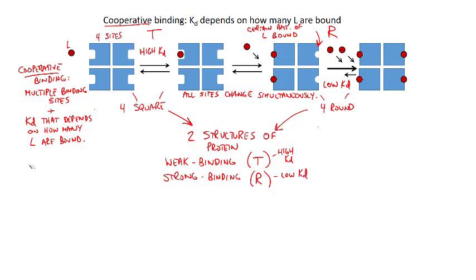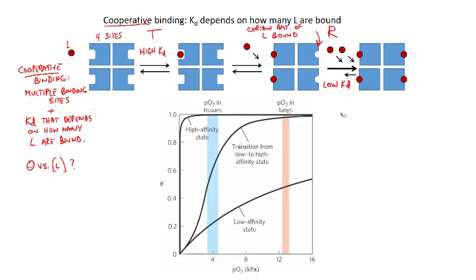So now my question is, what does the theta versus L curve look like whenever you have a cooperative binding protein? What happens is when you have a cooperative binding protein, you end up with an S-shaped curve. It's not hyperbolic like it is for a one-to-one binding protein.